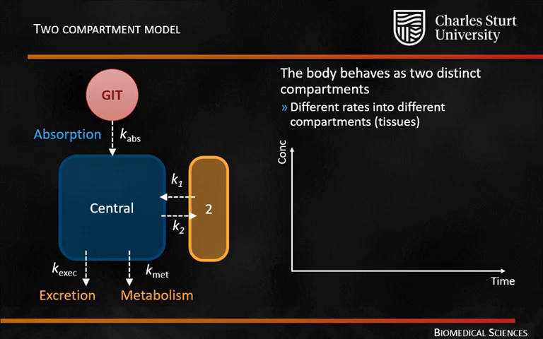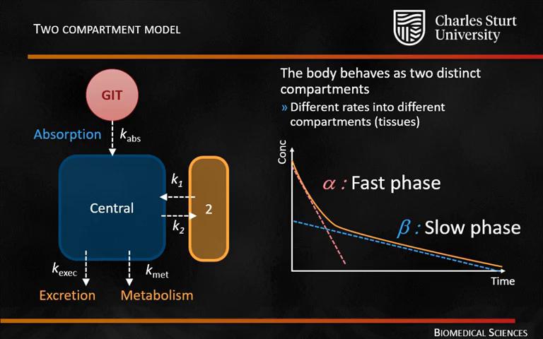And so when you explore the behavior on a concentration time curve, it behaves differently. And so what's happening here is that the kinetics are being affected by that second compartment. So the first compartment might have a very fast phase for elimination because all the elimination is occurring through the central compartment.